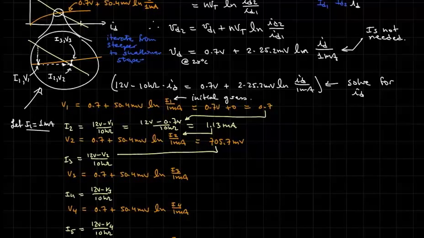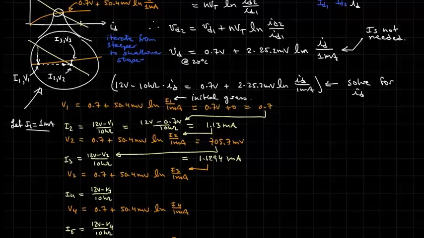We plug that into our I3 equation, which gets us 1.1294 milliamps. Plug that into our V3 equation, yielding 706.13 millivolts.